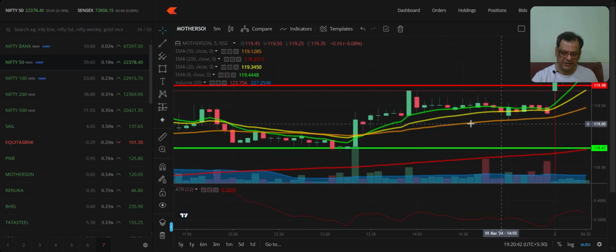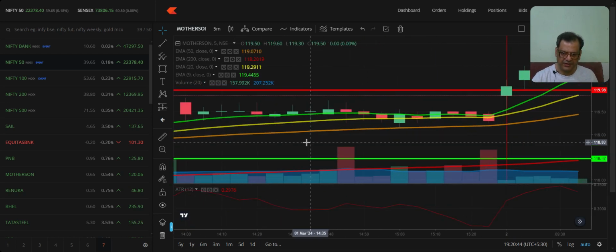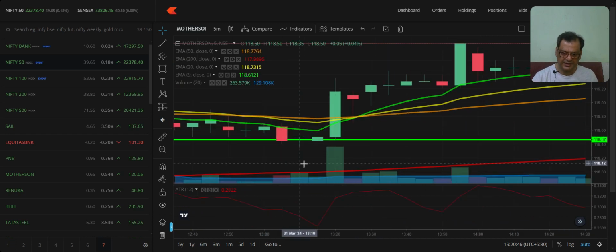Let me maximize so that you can see it. Otherwise, it's very difficult to see. Can you see this? Nice hammer. And this hammer with a very, very slight body, open is not equal to the low, and the high is the close. So just 5 paisa, but the bulls won.